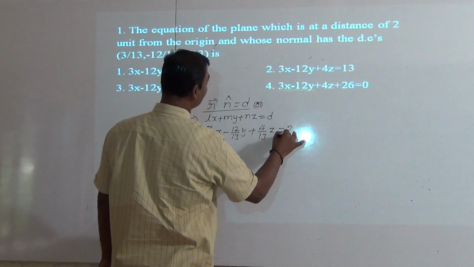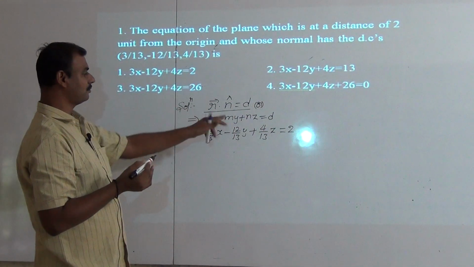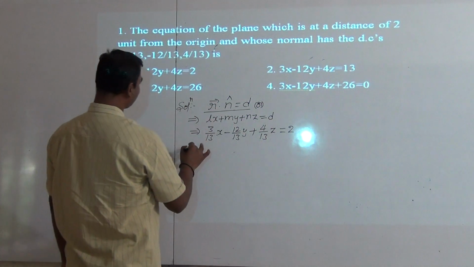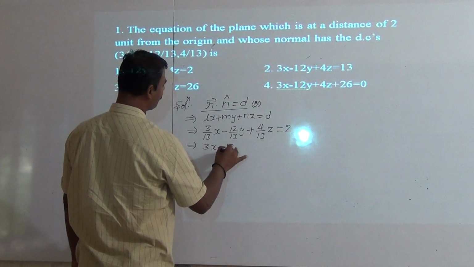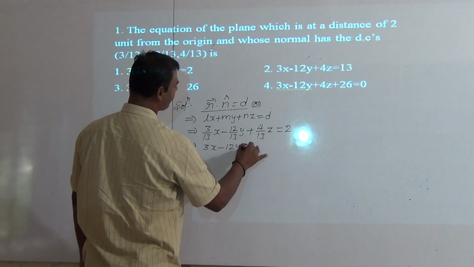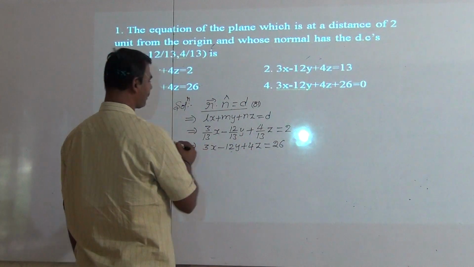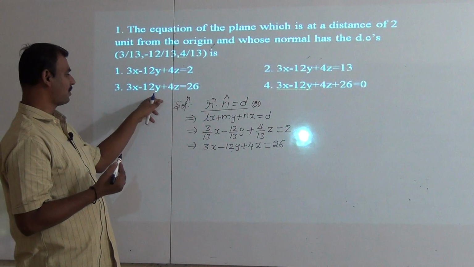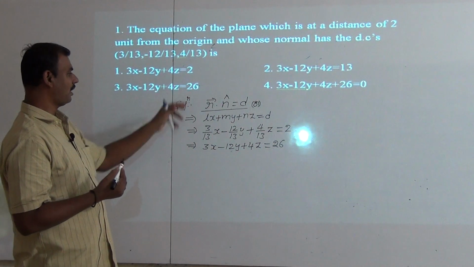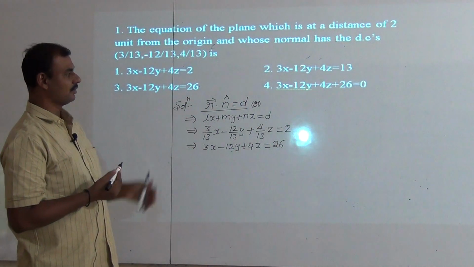Distance is equal to 2, given, that is, a distance of 2 units from the origin. Simplify. Cross multiplying, we get 3x minus 12y plus 4z is equal to 26. So check the answer: 3x minus 12y plus 4z equals 26. This is the answer of the question.